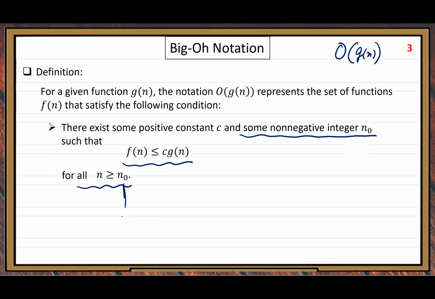Before the n0 line, this inequality may not hold, but don't worry. Even if the inequality does not hold before this line, we do not worry. The reason is simple. Remember, when we compare order of growth, we only worry about the case when n is very large, right?